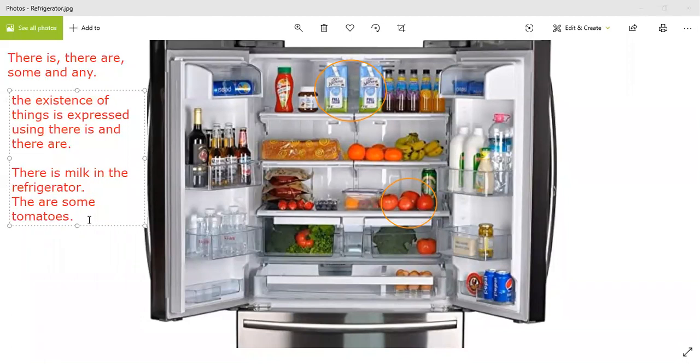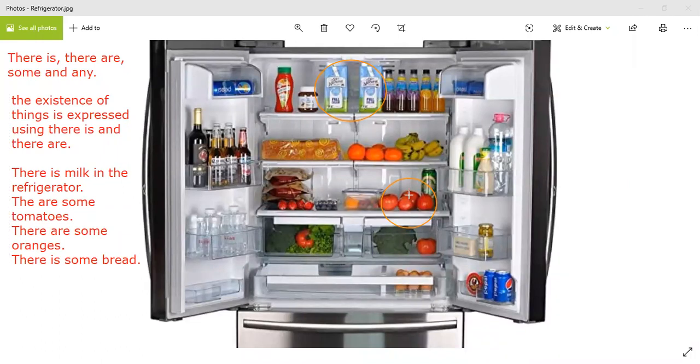So what else do we have? There are some oranges. Very good. There are some oranges there. There is some bread. Where's the bread?